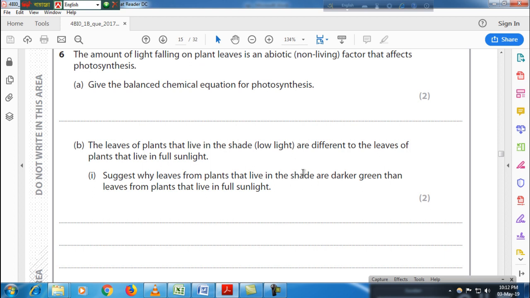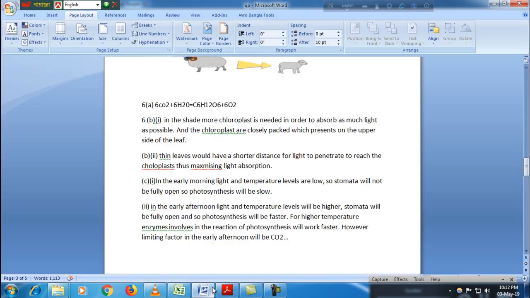And the question says, suggest why the leaves which live in the shade are darker green than the leaves which live in full sunlight. Now why are they darker green? It's question number 6B1.